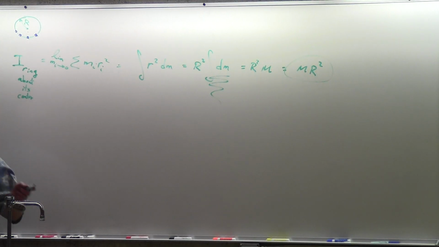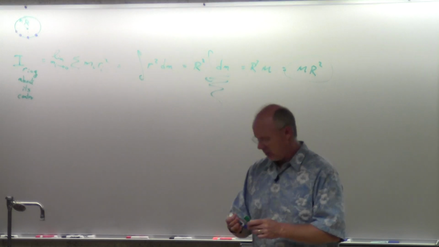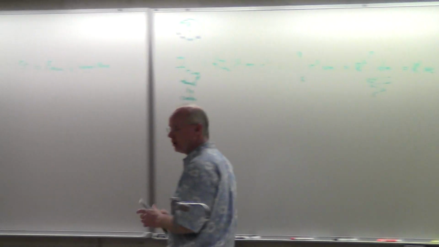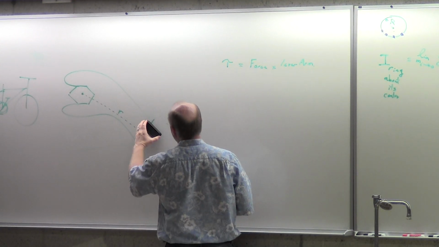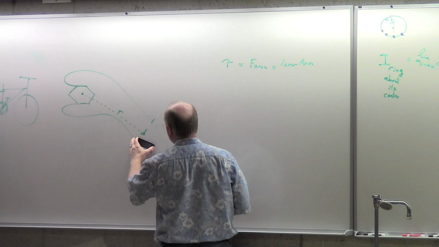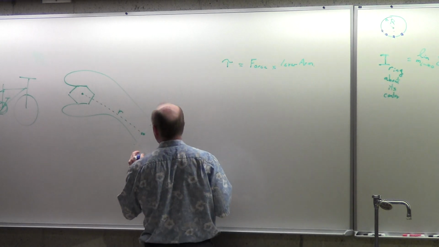Now, let's go one step further. Something we didn't do in Physics 102. What if we were to change this force? So let me get rid of the force here on my wrench and do this.